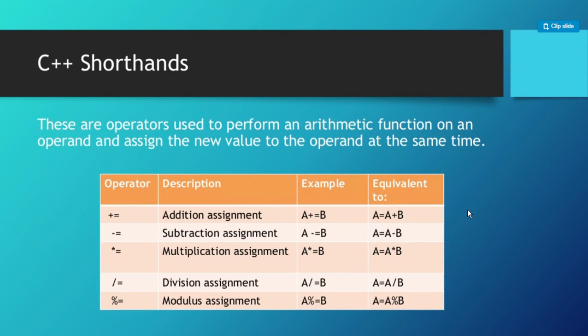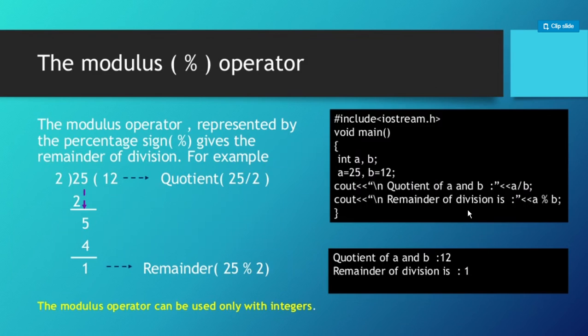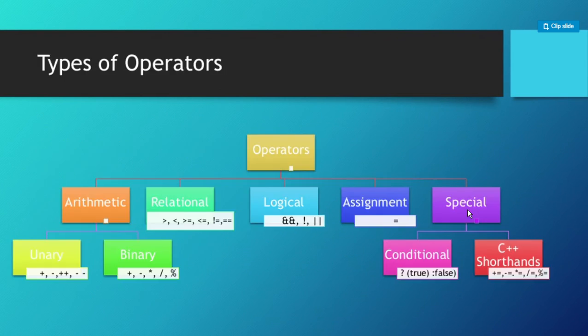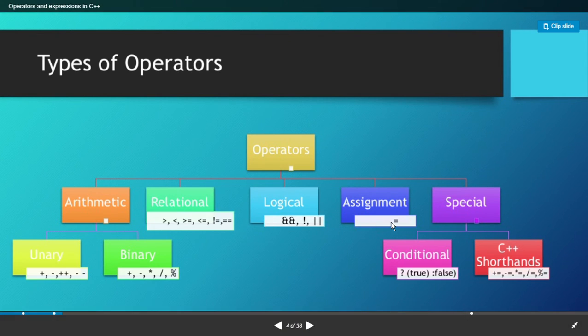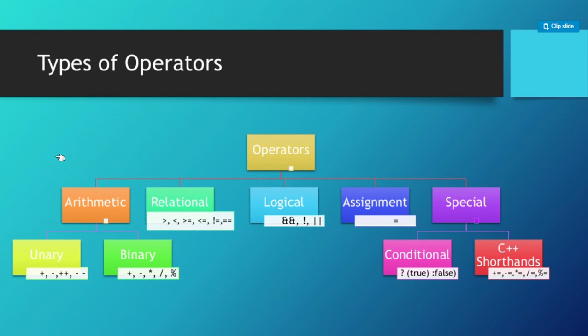In the previous video, we saw that there are different types of operators: arithmetical, relational, logical, assignment, and special. Arithmetical operators are for mathematical operations such as addition, subtraction, multiplication, and division.